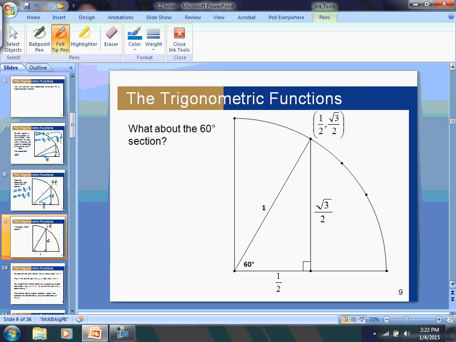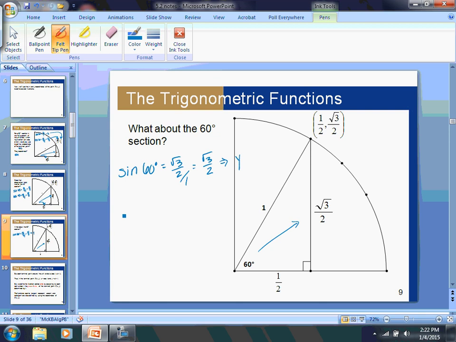Let's really double check it though with the 60-degree section. Okay, so if I do the sine of 60 degrees, I'm going to have opposite over hypotenuse. So that's square root 3 over 2 over 1, so that's just the square root of 3 over 2. And hey, that's my y value in my terminal point.